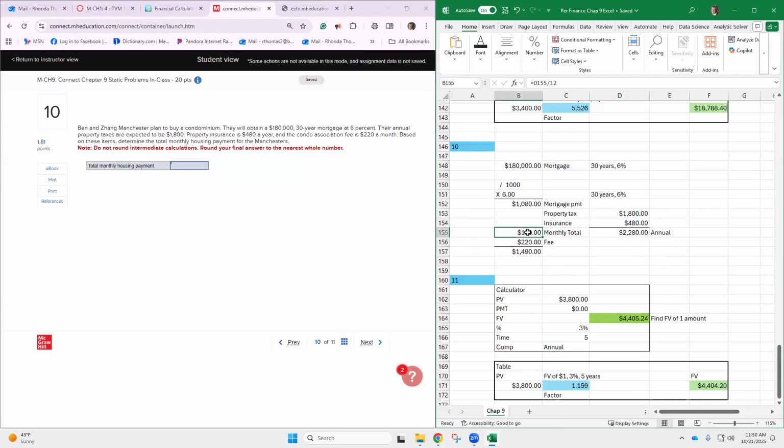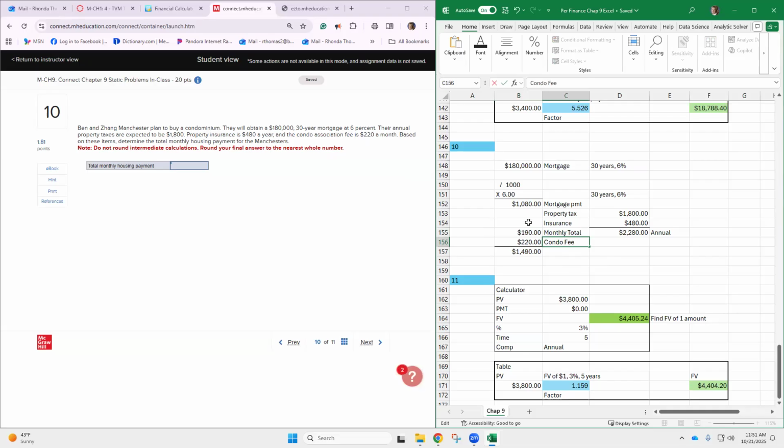If we want to figure that out by the month, that's $190 a month. Okay, $190 a month is how much they're figuring for their property tax and their insurance on the house. That's usually in escrow, usually included in your mortgage payment. And then the last one is a condo association fee, which is $220 a month.